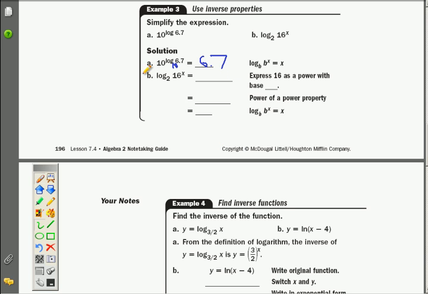This one here, the log base 2 of 16 to the x. Well, 16, I'm going to rewrite that as the log base 2, put a little 2 down here. And I'm going to call 16 2 to the 4th to the x. Okay?